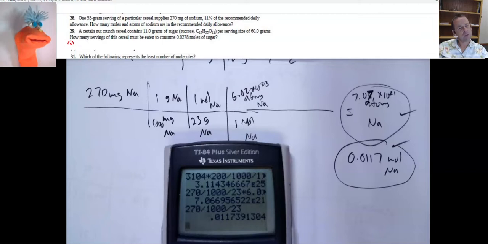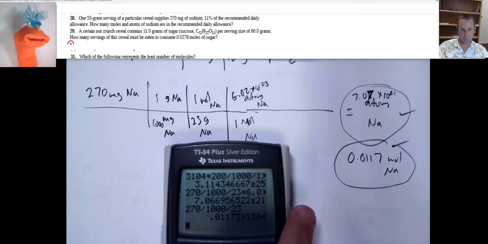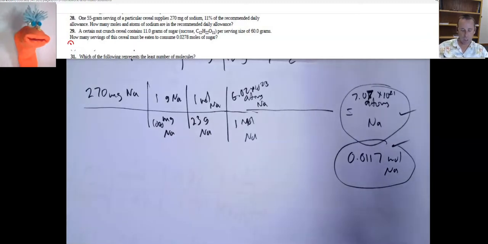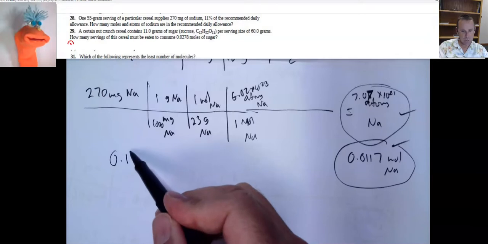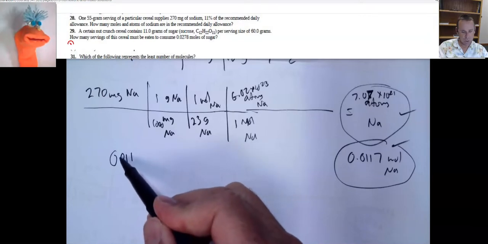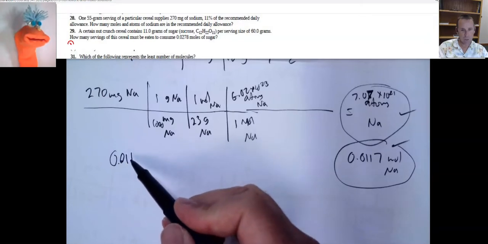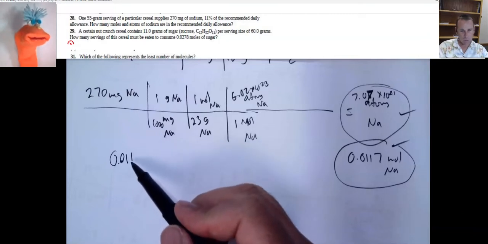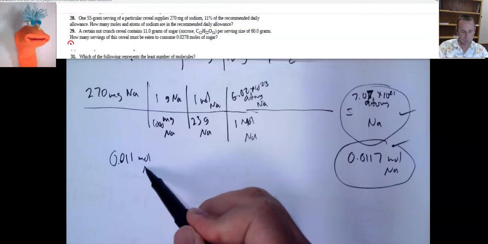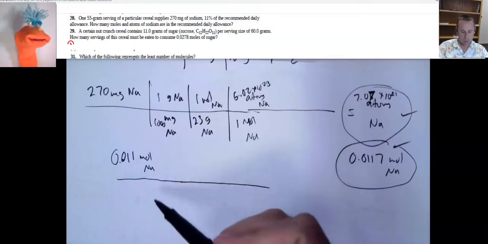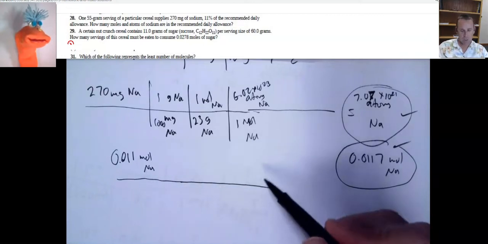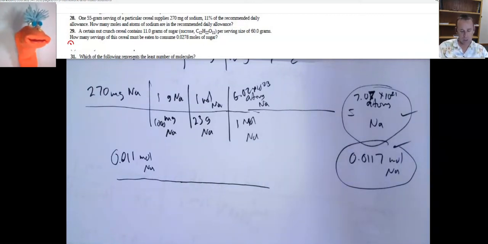So if this represents 11%, then we can identify what 100% would be by doing this. We'll do moles first. 0.0117 moles of sodium in 11%, and we want to know how many it would be in 100%.